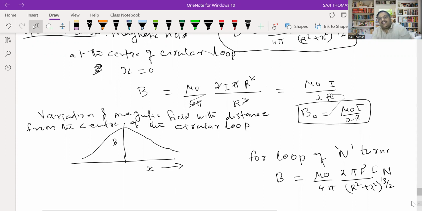So this derivation is very important. It is usually a 3-mark question derivation.